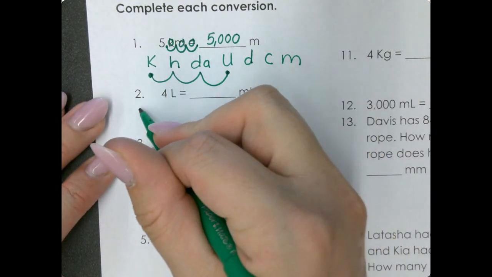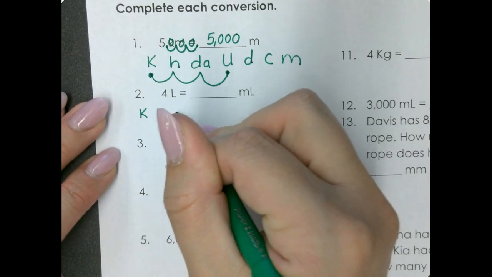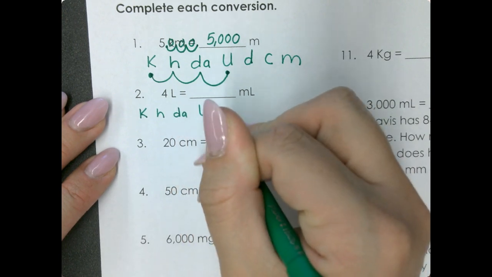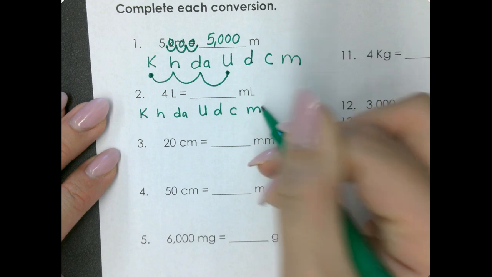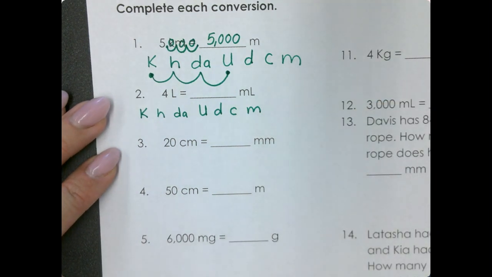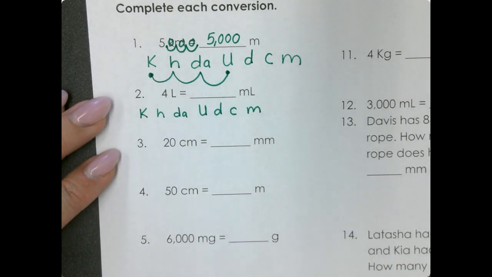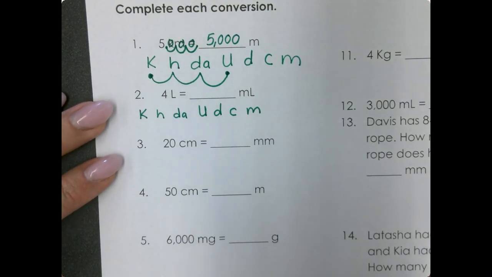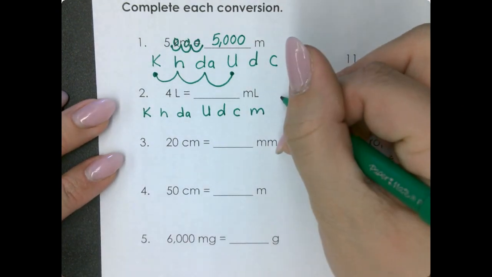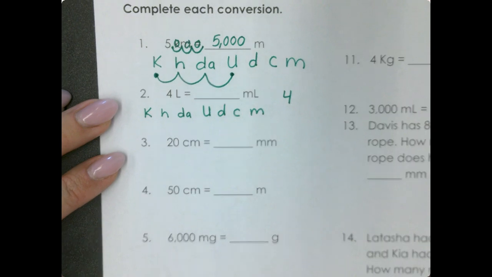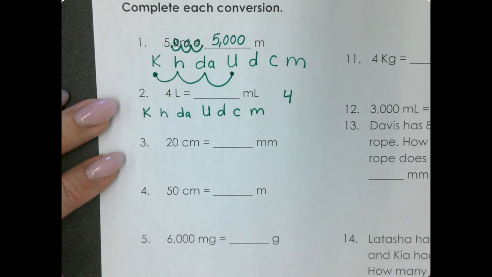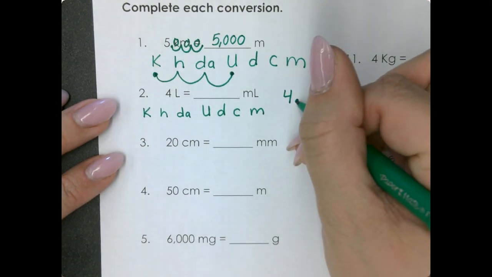Okay, rewrite. King Henry died unusually drinking chocolate milk. You will have to memorize this. If you can't memorize this, then you're going to get all these kind of questions wrong. All right, I'm going to put my number out here. We have 4. Where does my decimal go? Behind it.